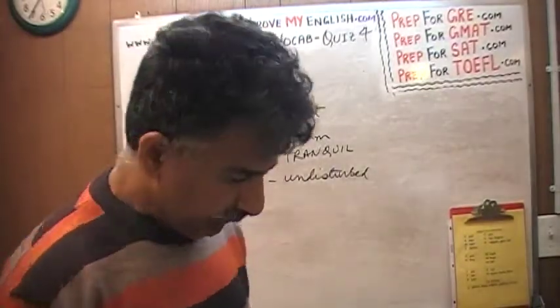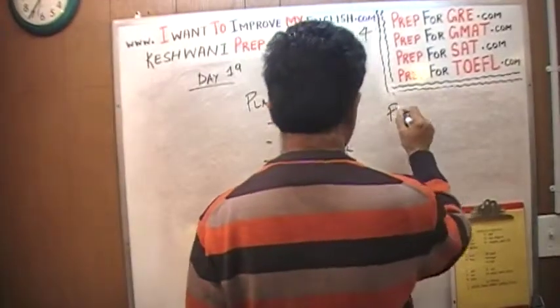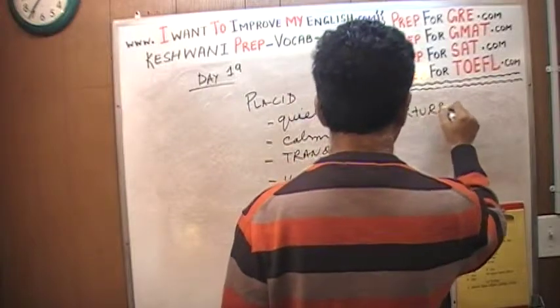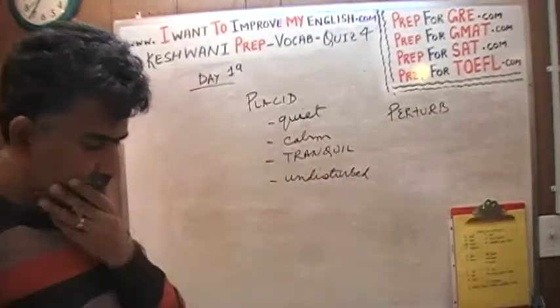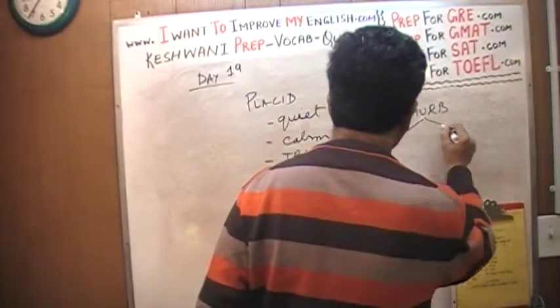And then from that we learned a word which was the antonym of it. Let's put it here. Perturbed. Perturbed actually has two meanings.